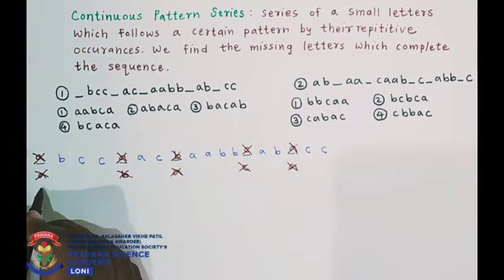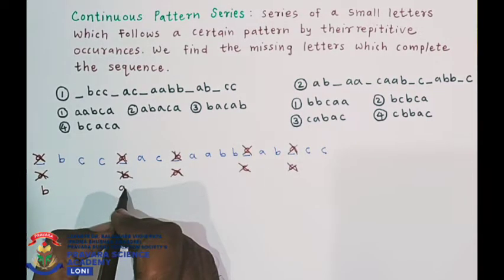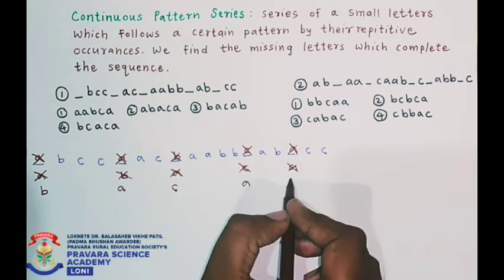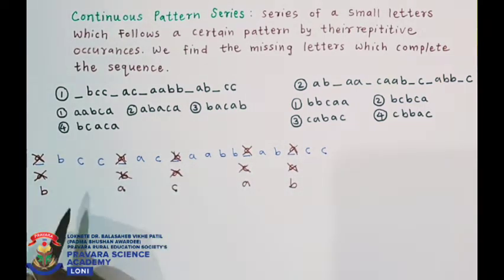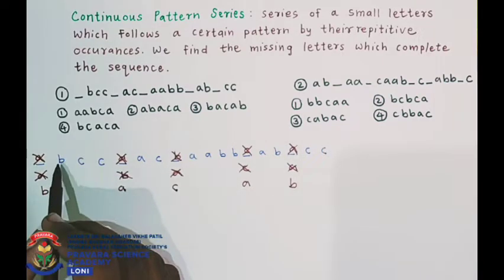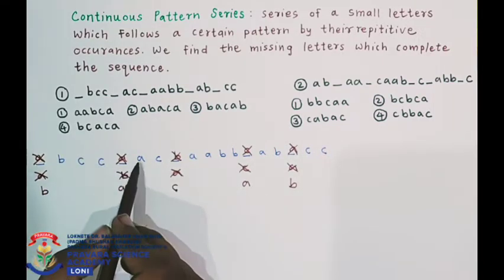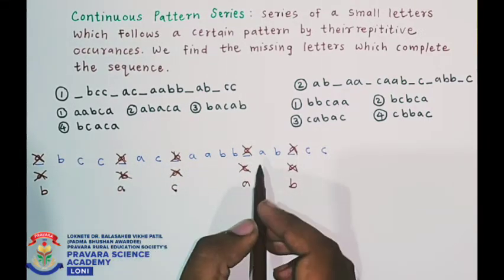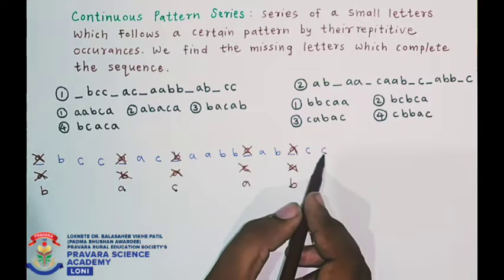We'll go with the third one: B, A, C, A, B. Now you can see the series will be BB, CC, AA, CC, AA, BB, AA, BB, CC.